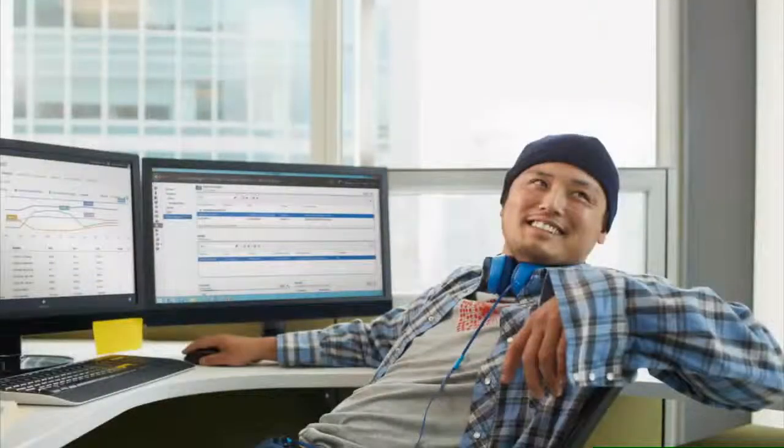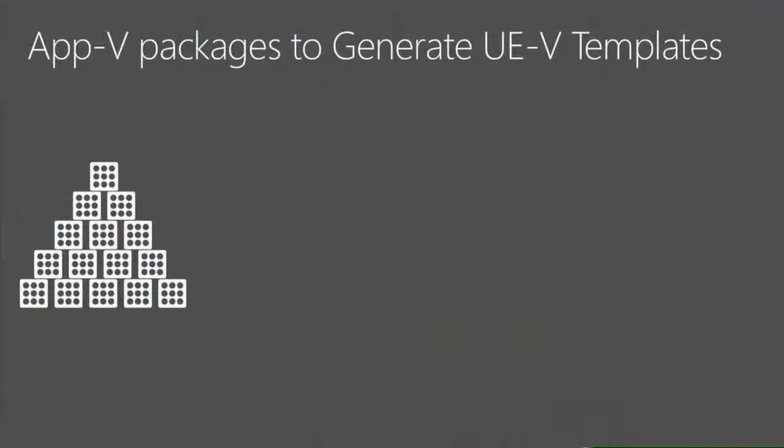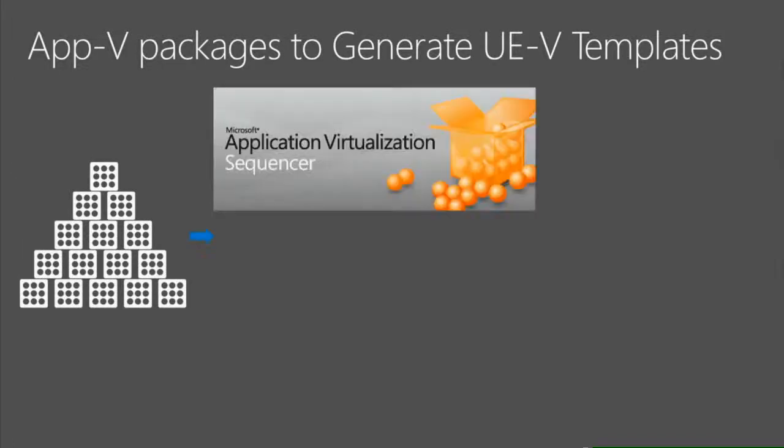Let's get out from underneath that today, and let's become like Ken Jackson. Look how relaxed he looks. Wouldn't you like to become like him? I know I would. So let's discover why he feels this way. Today, Ken, like perhaps you, has a ton of AppV packages, and he wants to generate UEV templates. He has a sequencing machine that already has a sequencer on it, and it's a VM.